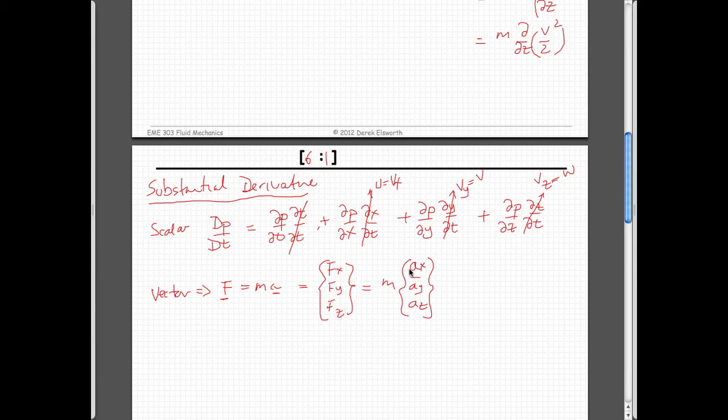So you could do the same to calculate what, so this is a vector, so underscore means a vector in this particular case. And you could do the same kind of analysis to figure out exactly what this substantial derivative would be if you're trying to look at rates of changes of velocity. So this would be the same as, it's getting too complicated already, right? But this would be something like dv, which is a vector, dt.